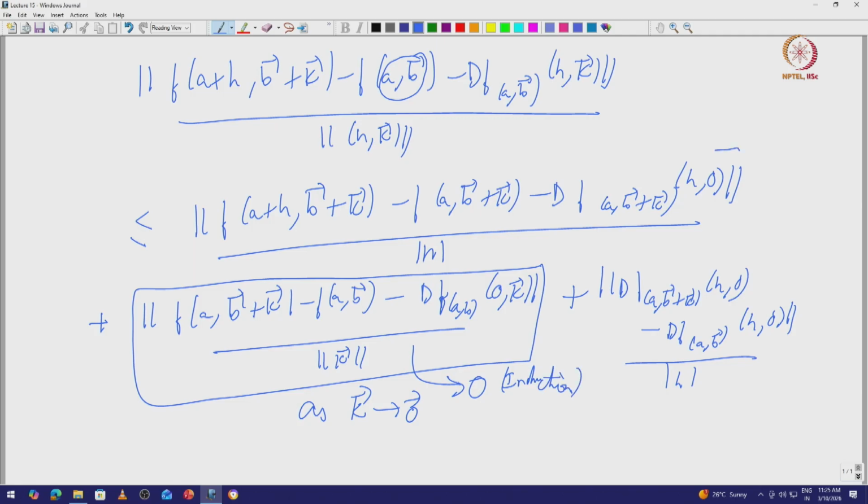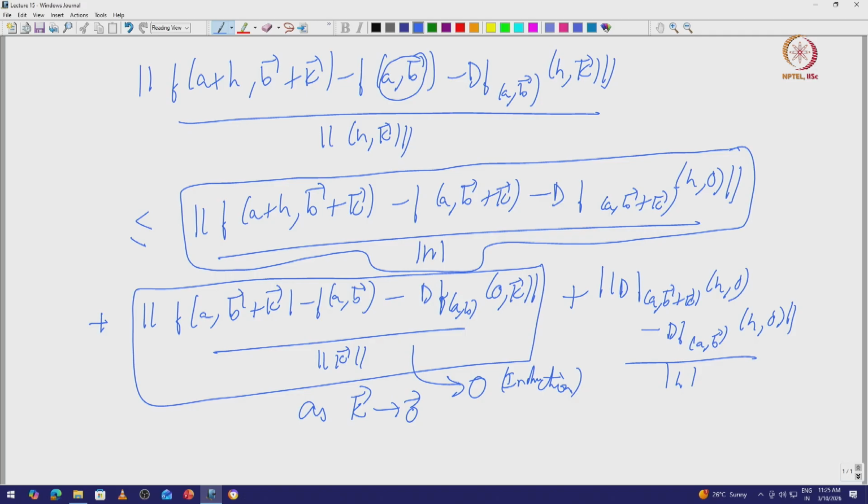Right. What about this? Okay. Why would this go to 0 as h goes to 0? The reason is one variable calculus, right?